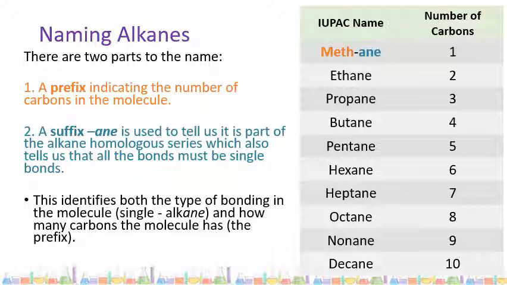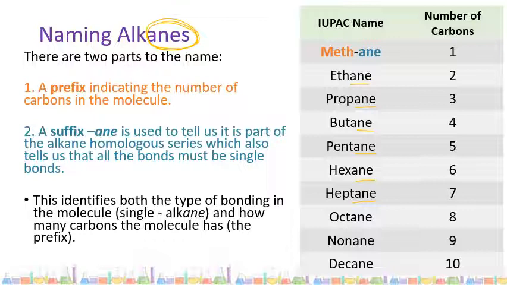The second part of the name, you'll notice, is the same for all of these, and that's the beauty of our homologous series. Our homologous series is alkanes, so each one is an alkane, and that suffix, the end of the name, is added on, and tells us which homologous series this molecule belongs to.